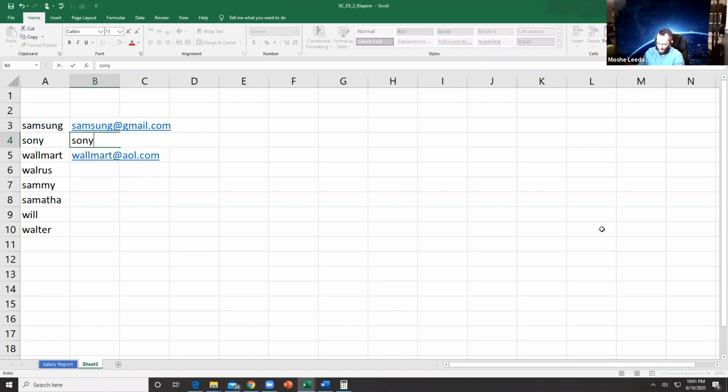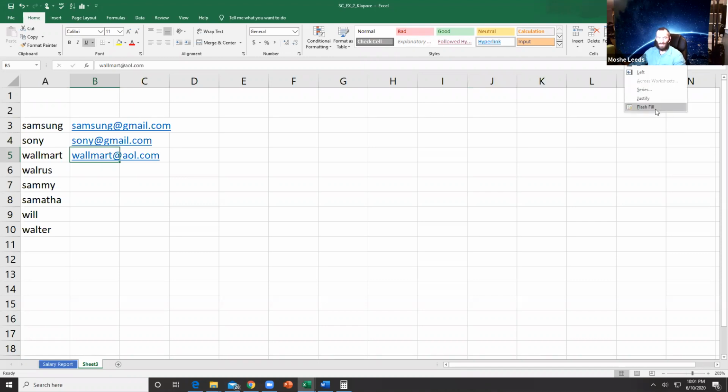Let's see if we can figure it out. What I'm doing is I am doing a few of the entries to see if my Excel will figure out my pattern.